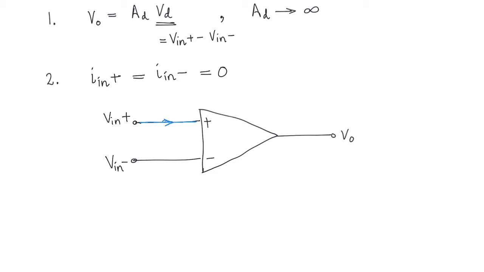Internally, there are some resistances and other electronic components inside the op-amp, and therefore it needs some power from the input to work. So this current is called the current at the inverting terminal, and similarly there is going to be a current at the non-inverting terminal, and both these currents we are saying is 0.